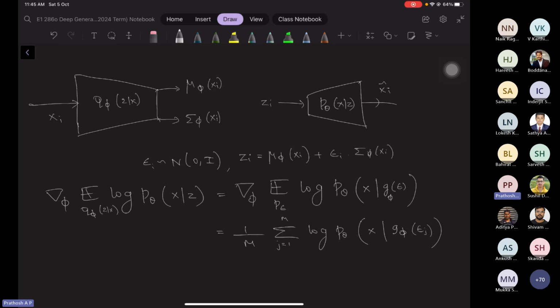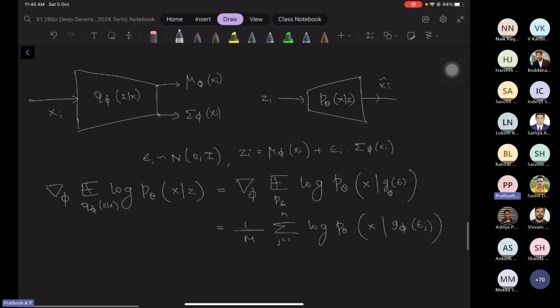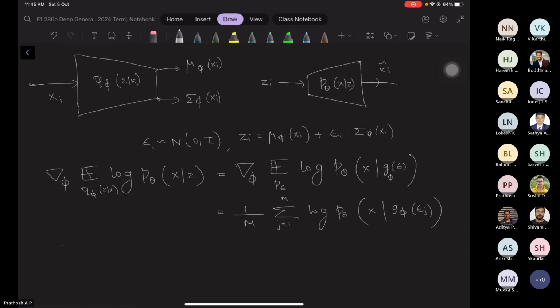Please note that for a particular xi, for a given xi, we can get m number of zi's.